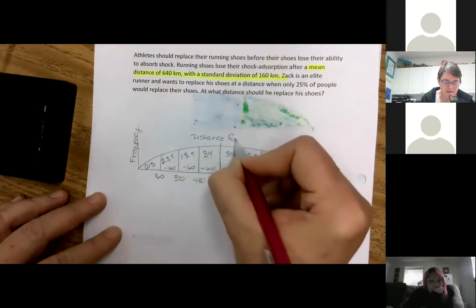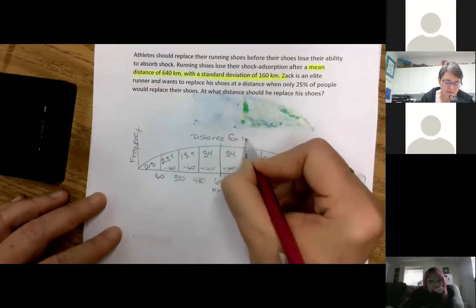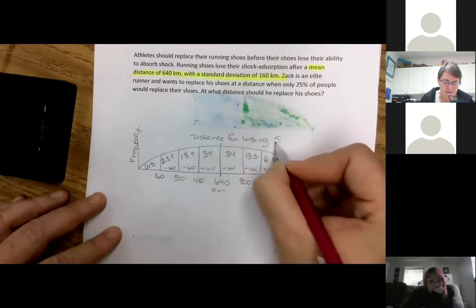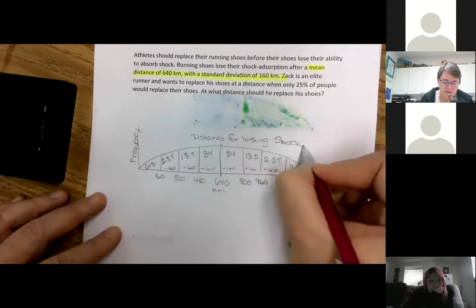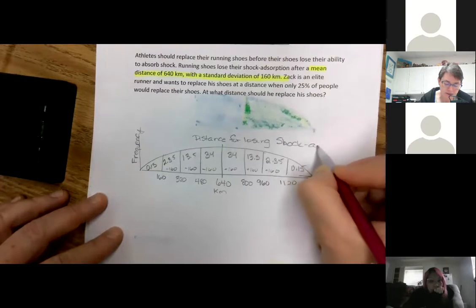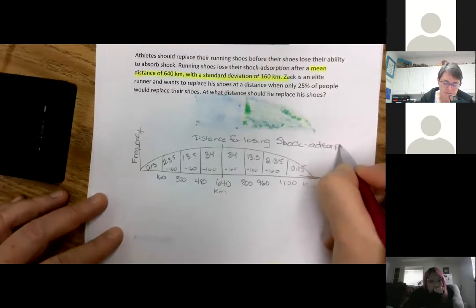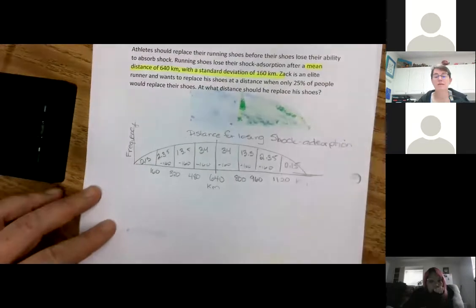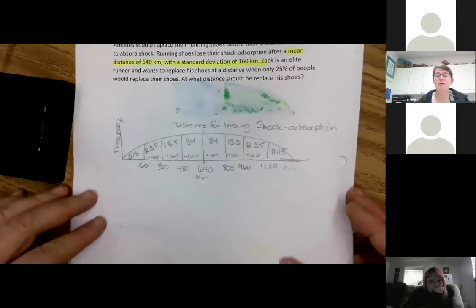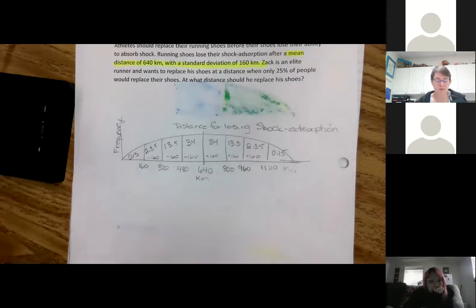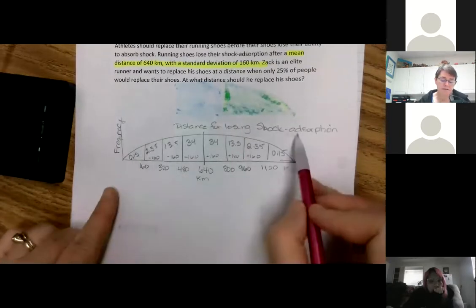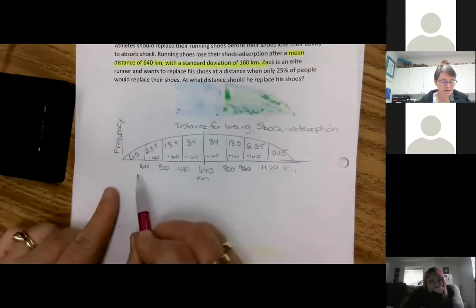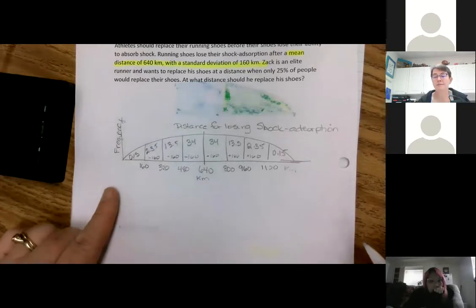Distance for losing shock absorption. So that, although not very pretty, would be a perfect graph. I'd be looking for frequency, a title, units down here, numbers, percents, and all that. You don't have to do that on this stuff, but make sure when you write your test, or maybe if you're handing stuff in, that would be good.